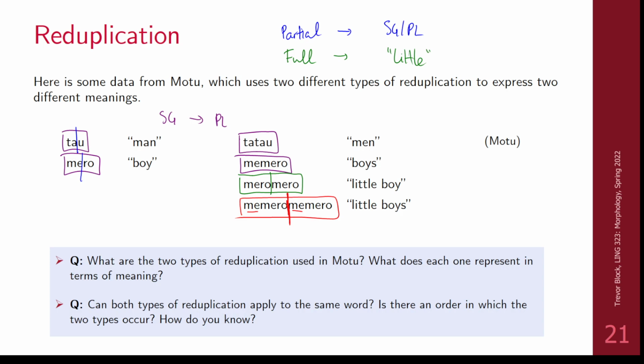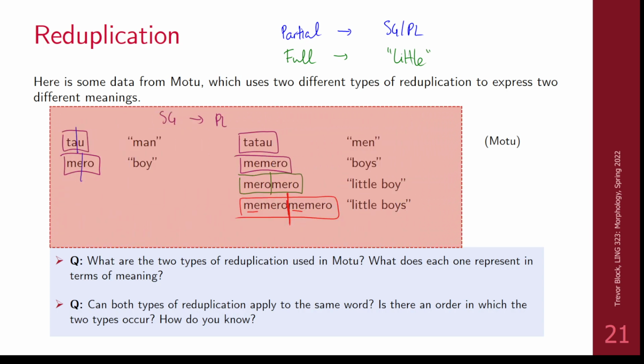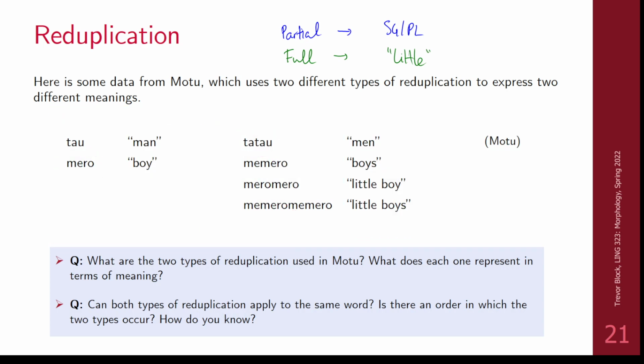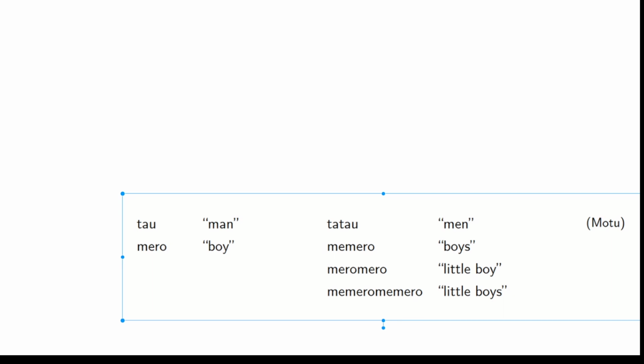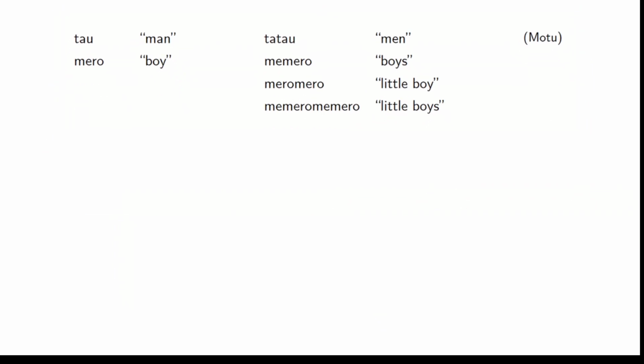Now the question is, is there an order to how we do the reduplication? Do we have to do partial first and full second, or can we do full first and partial second? Or does it even matter? So let's investigate this. And here's how we can do this step by step. I copy the data. And what I do is I create two pipelines.